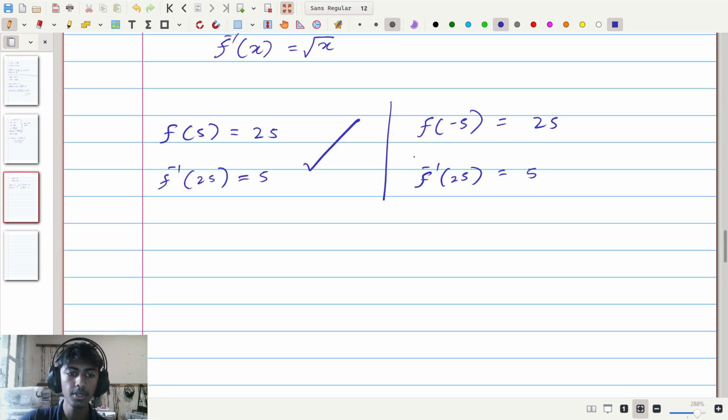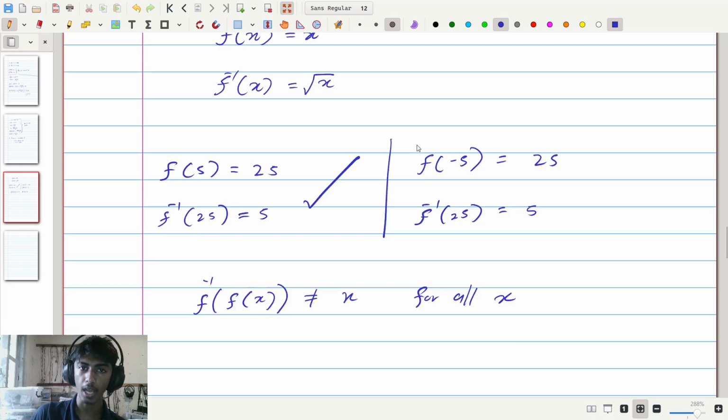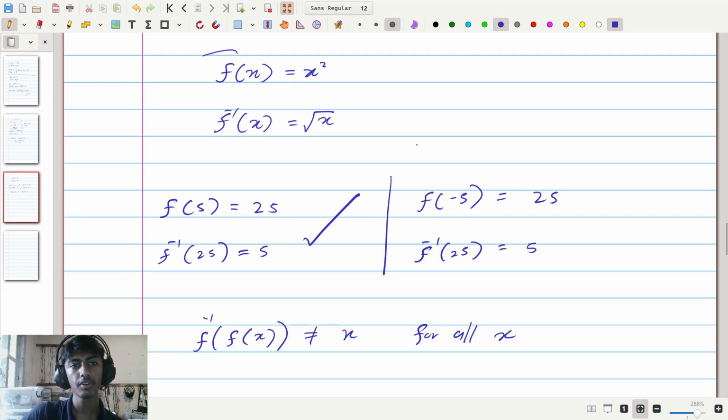So the equation f inverse of f(x) does not exactly equal x for all x. It works for some x. It works specifically for all the positive x including 0. It does not work for any of the negative x because the negative x is mapped onto the positive x, and that happens because this function is not one-to-one.